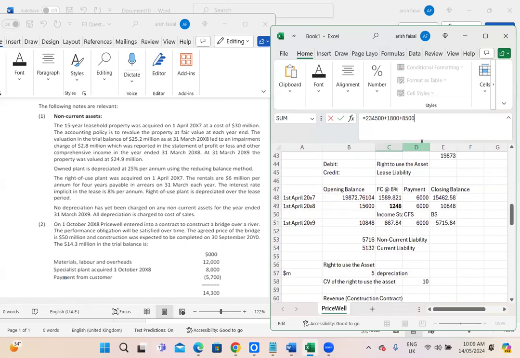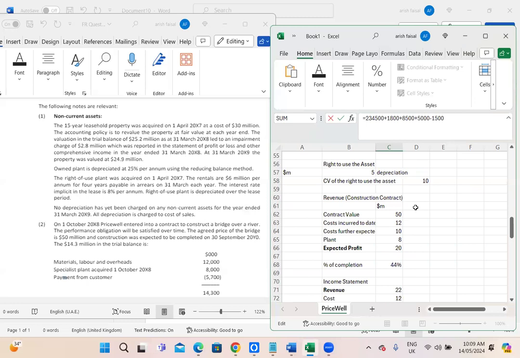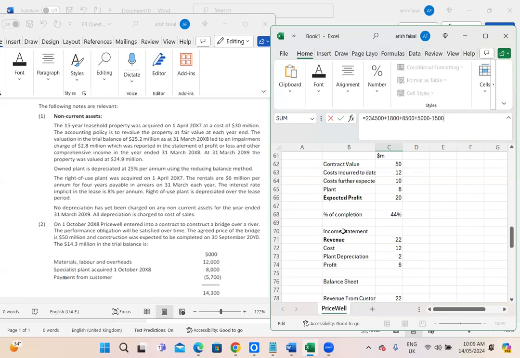Then the reversal of impairment also has to be recorded in the cost of sales, because they are telling you that depreciation is charged to cost of sales. So anything which is related to the non-current asset, you can put it in the cost of sales. Because it's an income, reversal of impairment, I'm going to put it as a negative of 1,500 actually. And then for this asset which we had, there was a 2 million depreciation, so that also has to be added up.